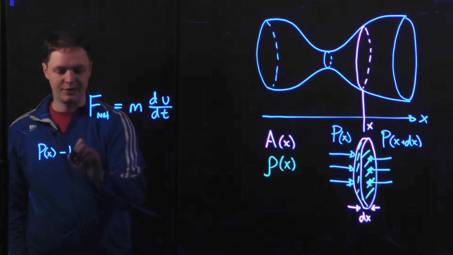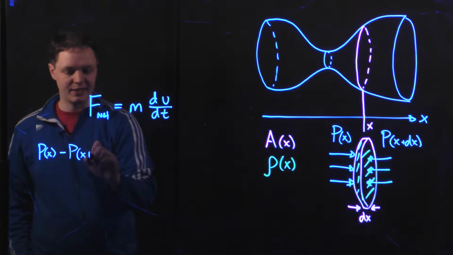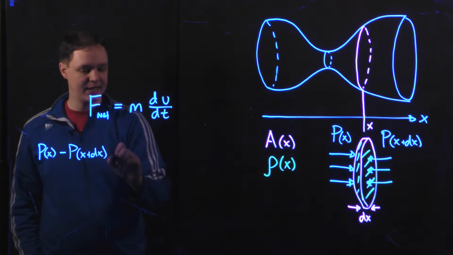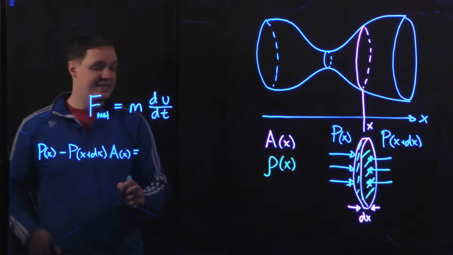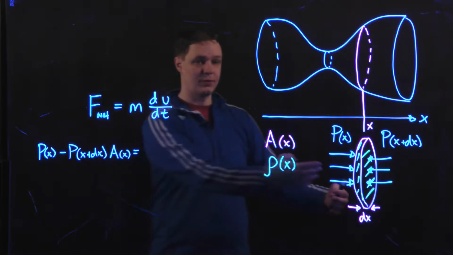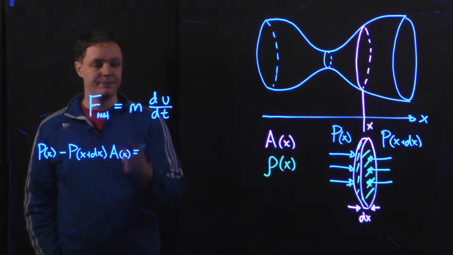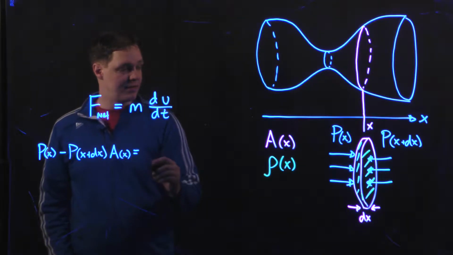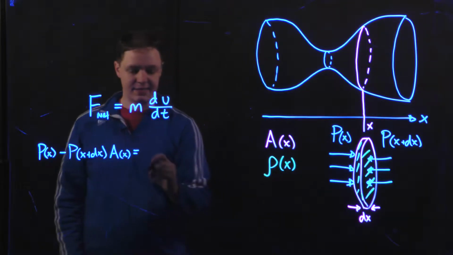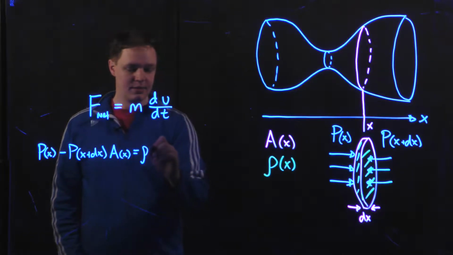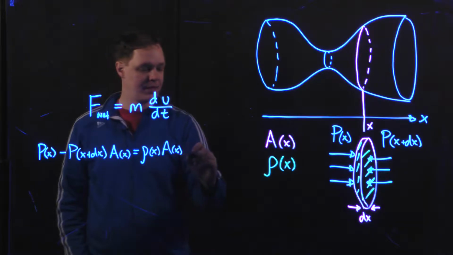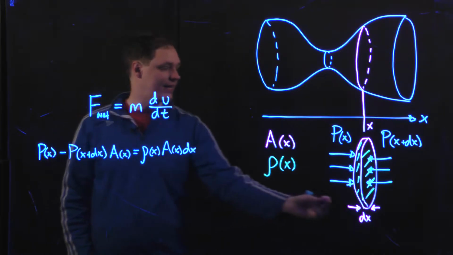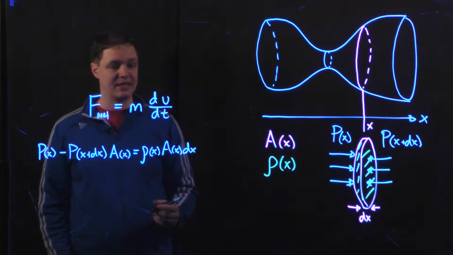We have a pressure pushing in the other direction, P of x plus dx, times the area. These are the two forces that are acting. We have a force from this direction and a force from this direction. The mass can be found by looking at the density, rho, times the volume, which is the area times the thickness, dx. That's the volume of that small slice.